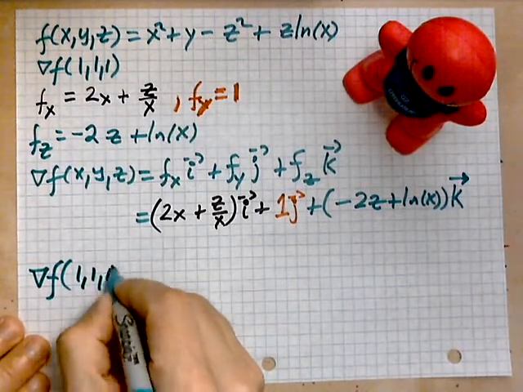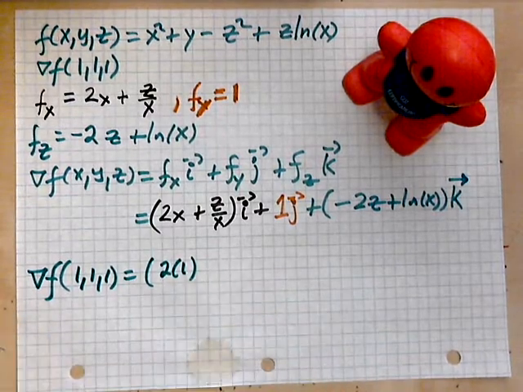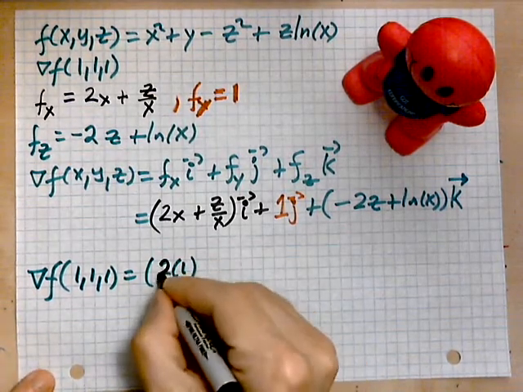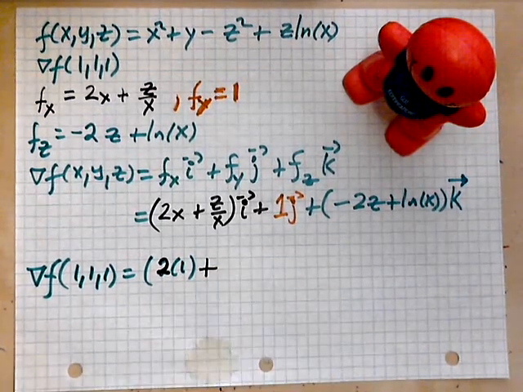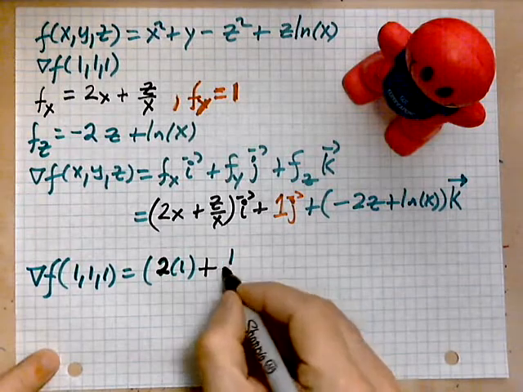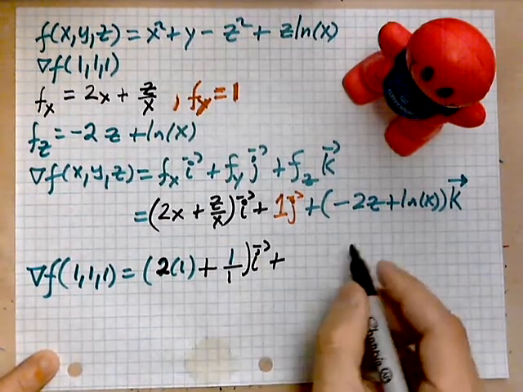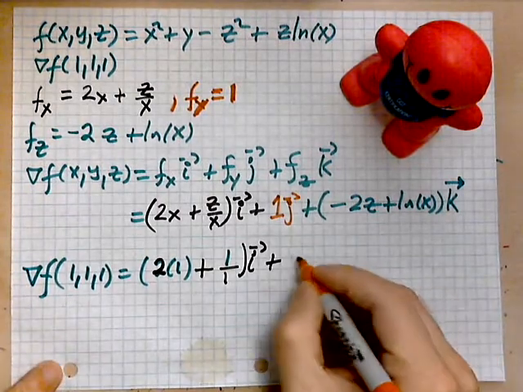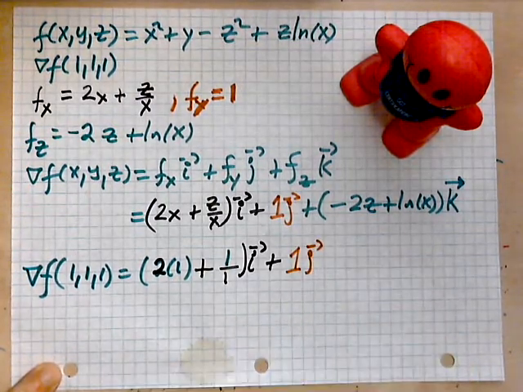Let's evaluate this at the point (1, 1, 1). So all we are going to do is plug in 1, 1, 1. So you have 2 times 1 plus, and the z is replaced, and the x is once again replaced, and this is our i component. Plus, now the j component is constant, so we got lucky with that one. We just keep it as 1j.